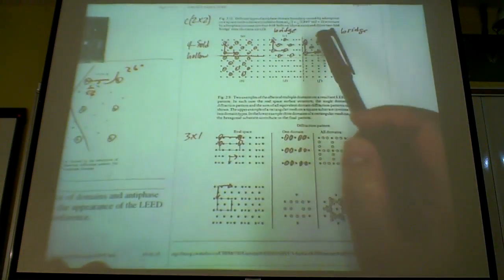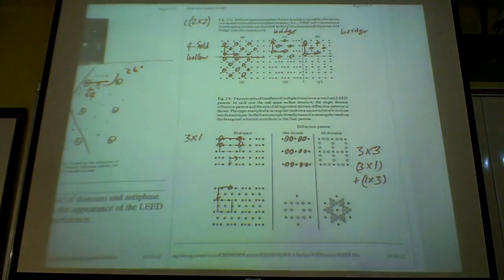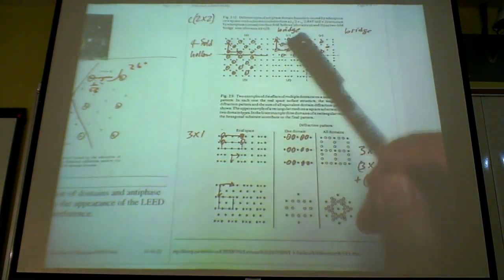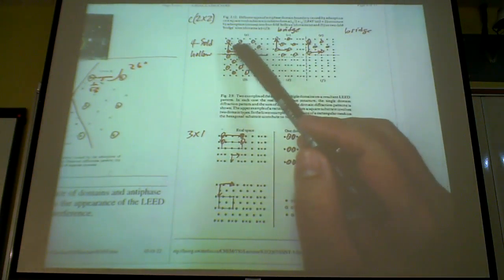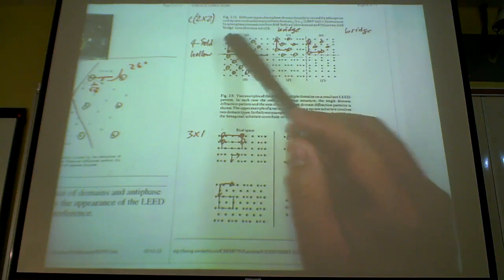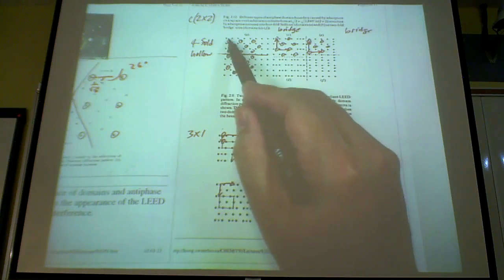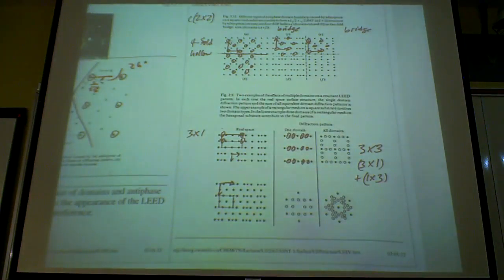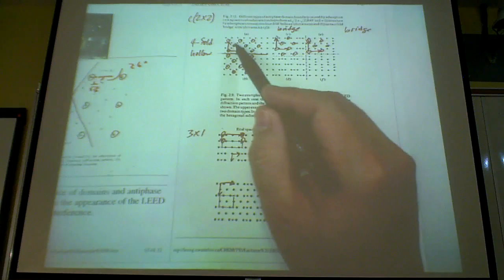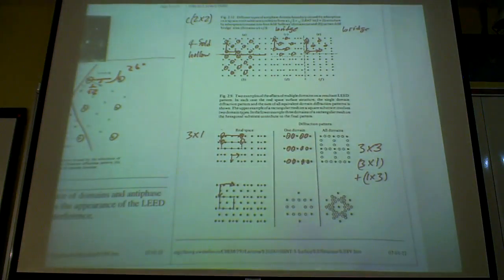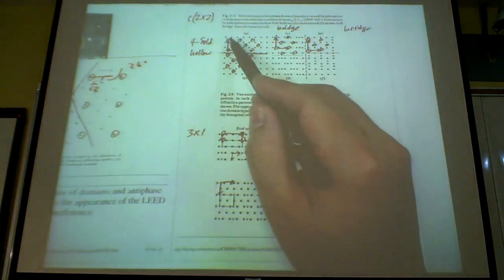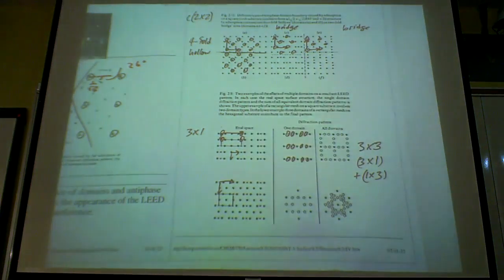Now the other thing that I mentioned here is that the LEED pattern is not sensitive to local structure. By that I mean that if I put my absorbing atom on a 4-fold hollow site, right, this is my substrate. The solid line is my substrate atom, and then the crosses are my overlayer atoms. So this is known as 4-fold hollow because it's got 4-fold symmetry.